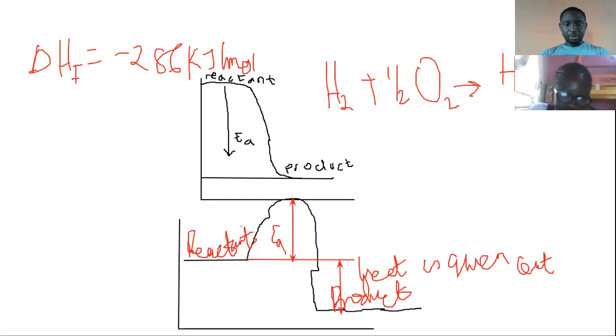The heat of combustion of carbon is minus 393 kilojoule per mole.